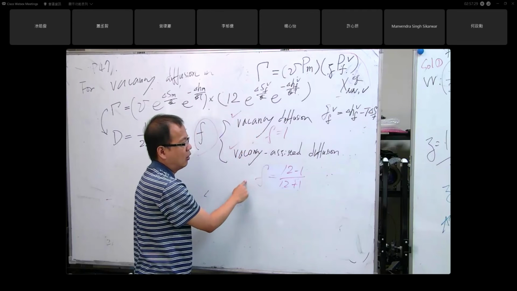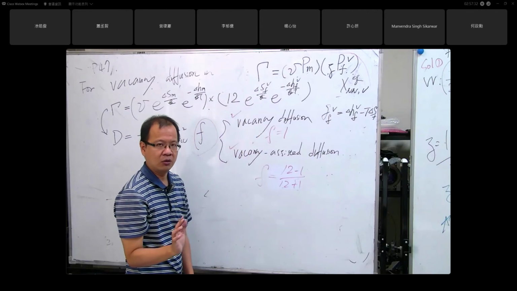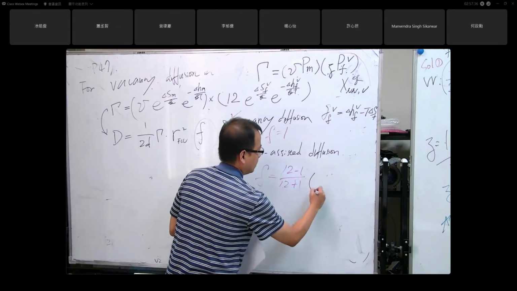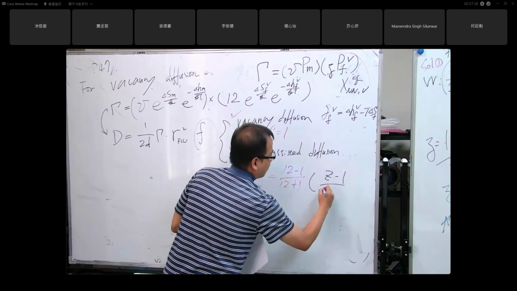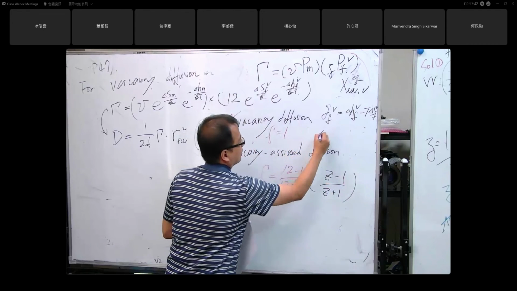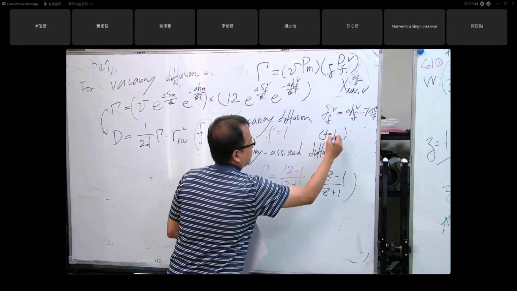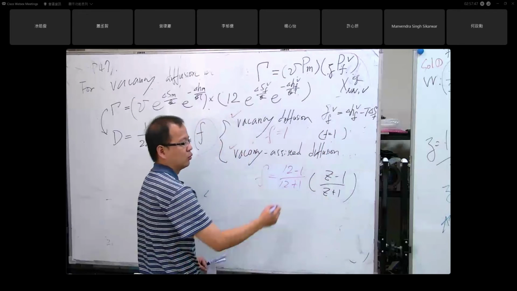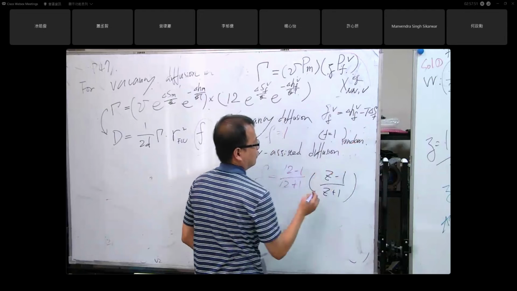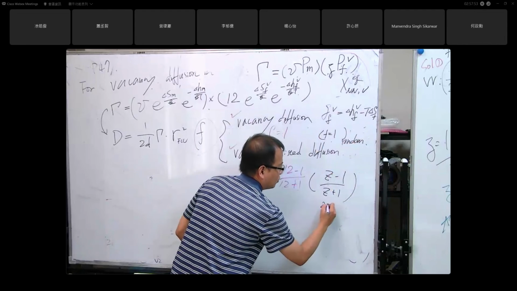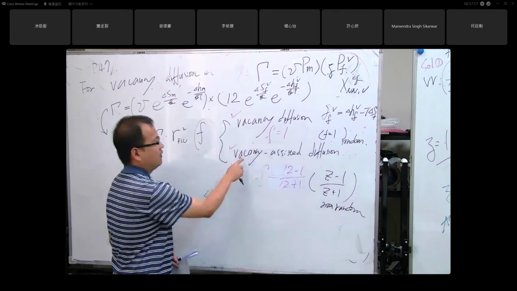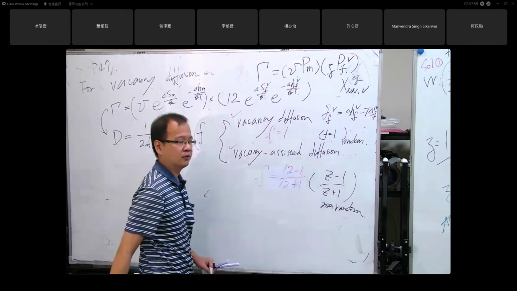Physical meaning always starts from an identical equation. What identical one? Z minus 1 over Z plus 1, or just 1. Right? For the random one, random diffusion for defect, or non-random diffusion for defect assisted atom diffusion.